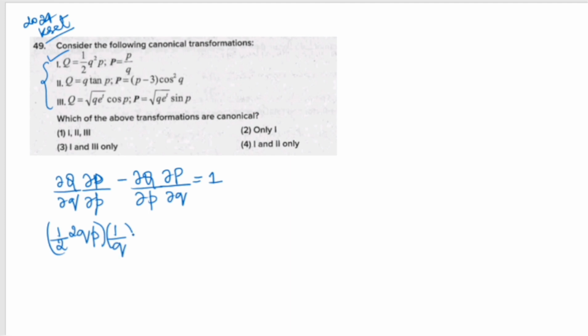Yes, it will be 1 divided by q minus dou Q with respect to p, meaning half of q square remains constant, partial derivative of q with respect to p will be 1. Is it right or wrong? Yes. Next, P with respect to q. So p remains constant here. 1 by q, if it goes upside, will be q to the power of minus 1. Minus 1 into q to the power of minus 2 it will be. Is it right or wrong? That should be equal to 1.